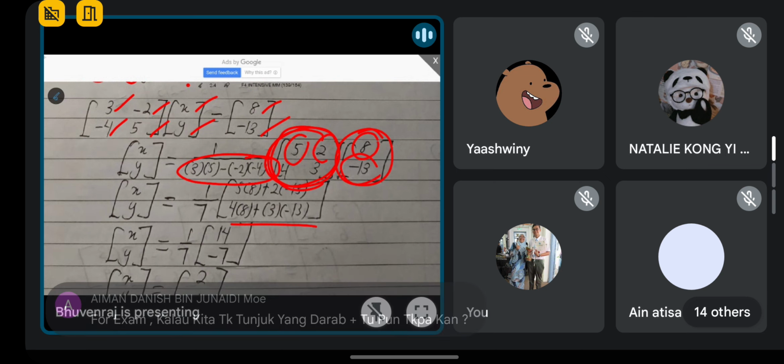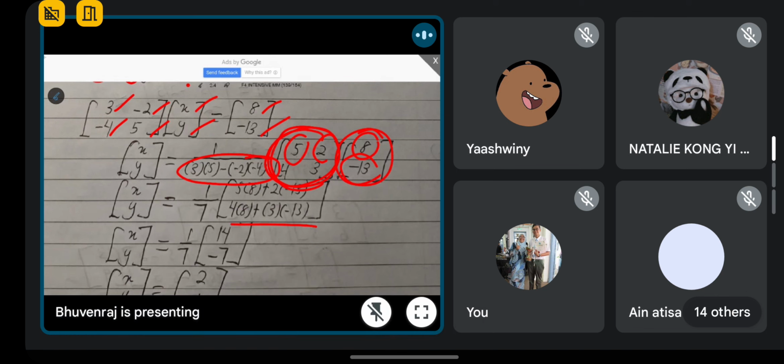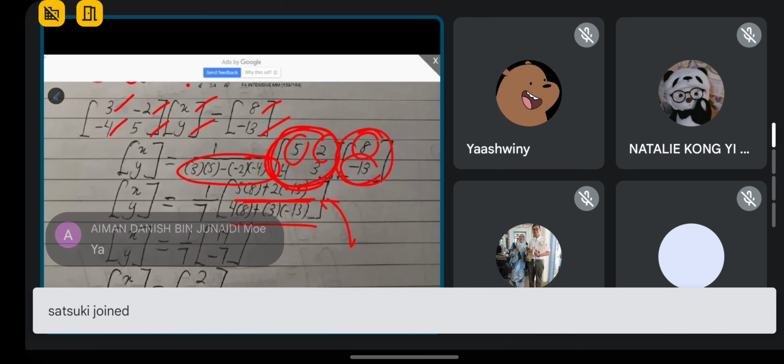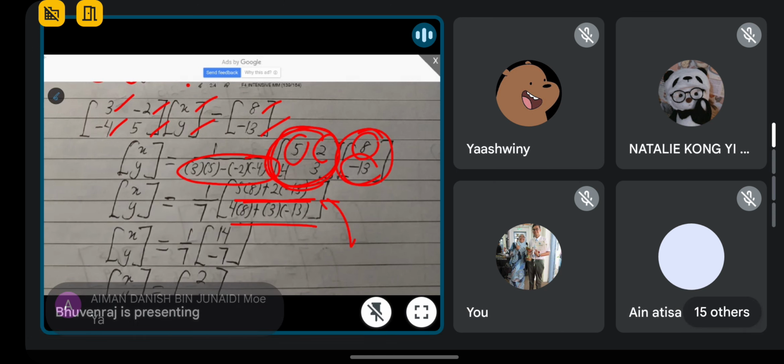For exam, kalau kita tak tunjuk yang darab tambah tu pun tak apakan. This one Aiman Dennis, kamu maksudkan yang ni ke? Kena tunjuk, must show. Because ini menunjukkan kamu faham macam mana nak buat pendaraban matrix ke tak.